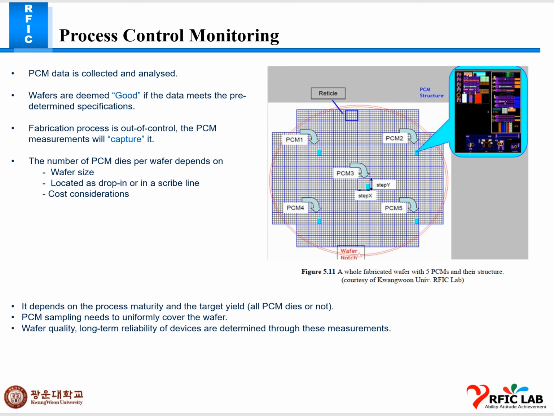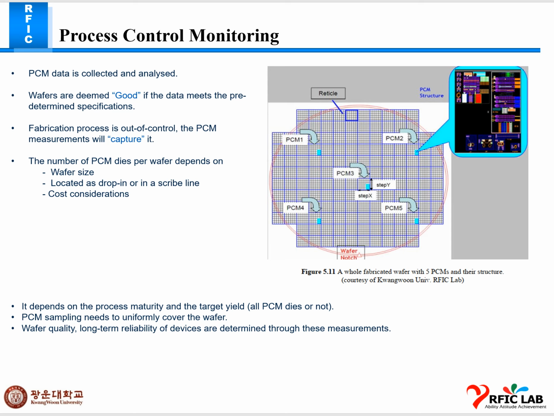Wafers are deemed good when data meets the predetermined specification, and if fabrication is out of control, PCM measurement will capture it. It depends on wafer size, location as a drop-in or in the scribe line, and cost considerations.